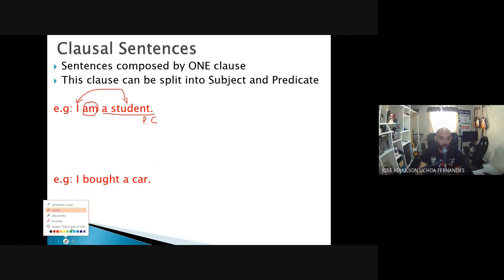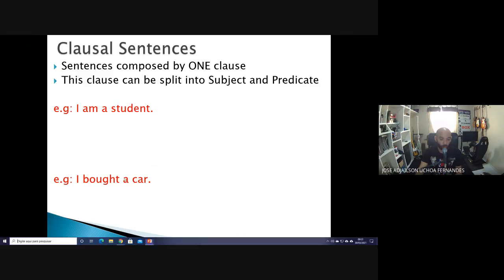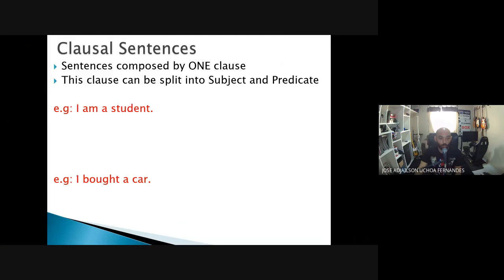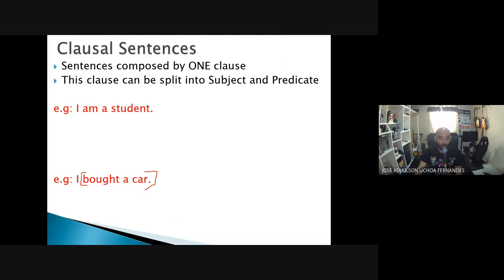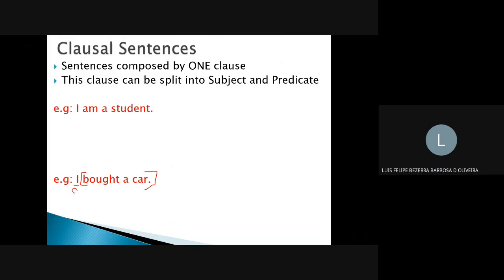Now let's go to the second example. In "I bought a car," where is the subject and the predicate? Where's the subject? "I." Here, in "I bought a car," the subject is "I."